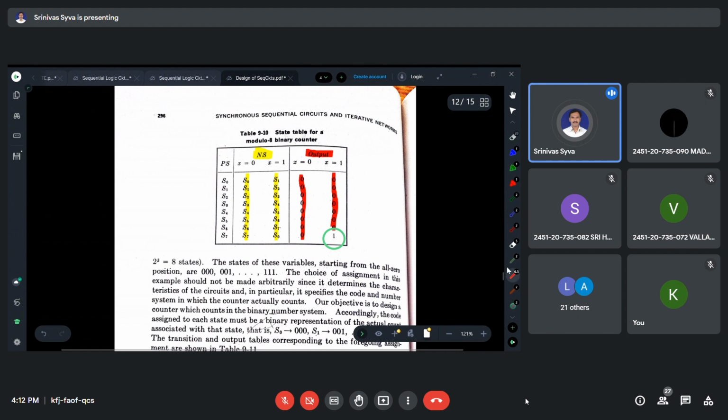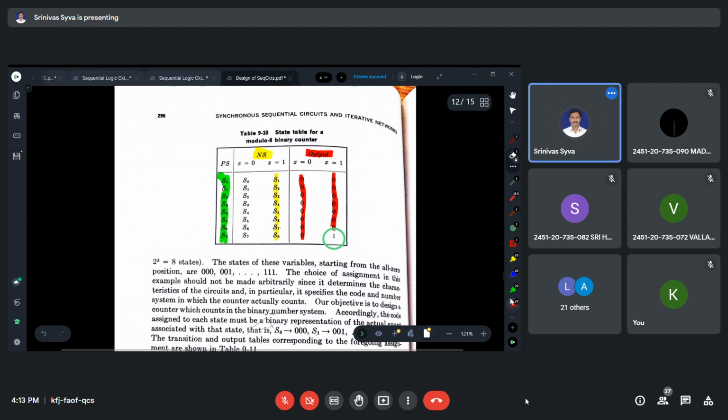Okay, here is the present state. See, present state to next state are the same when x equal to 0.